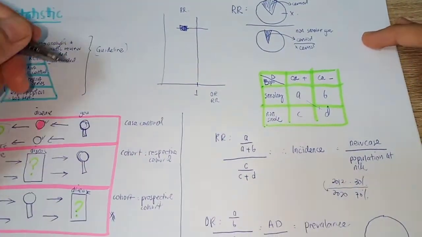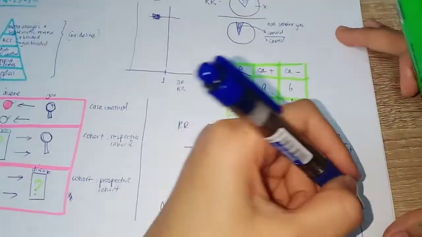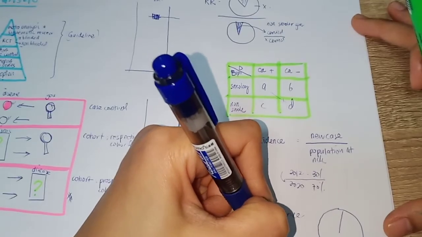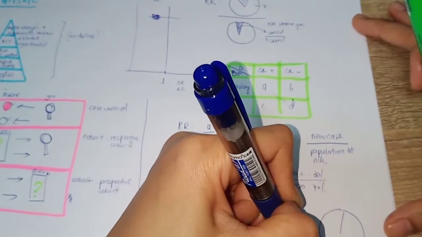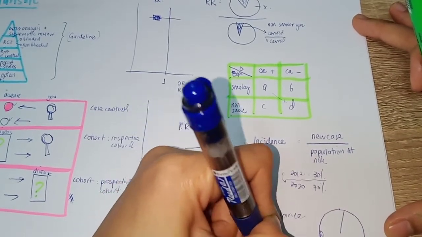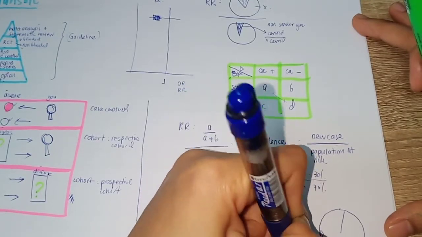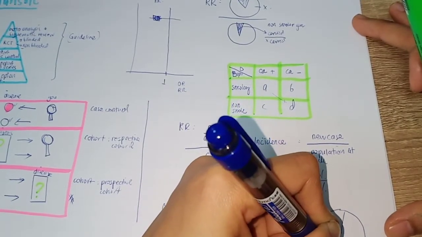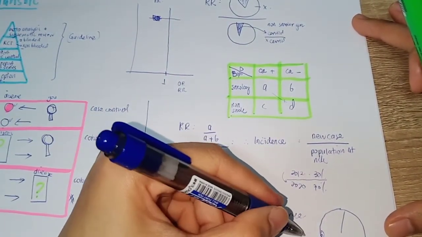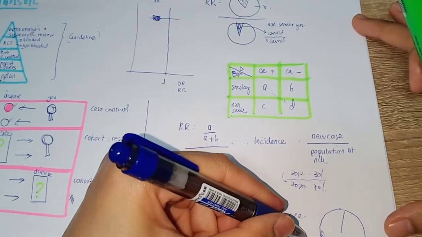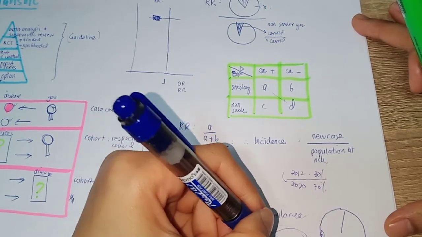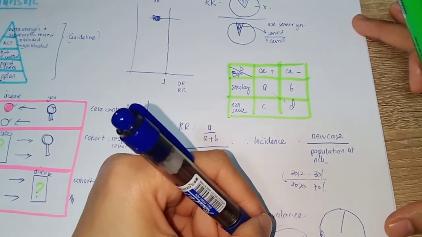So basically, from the case control, the prevalence is basically the odds of the cases who were exposed divided by the odds of the controls who were exposed. So the odds of the one who smokes developing cervical CA, and the odds of the non-smoker who will develop cervical CA.